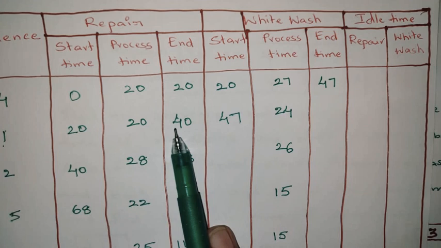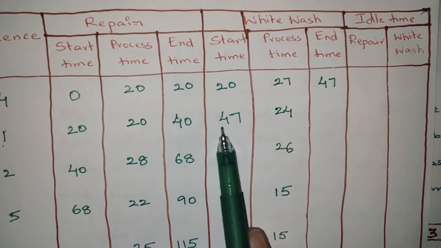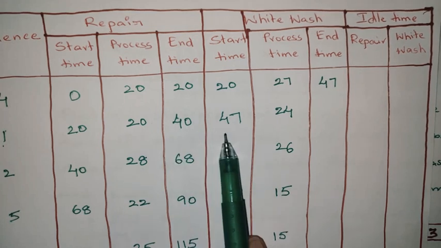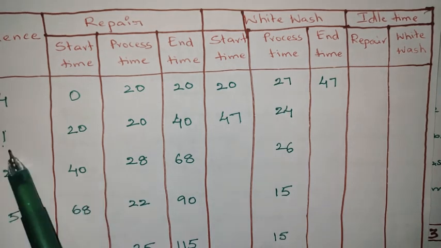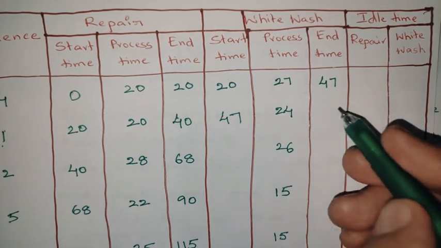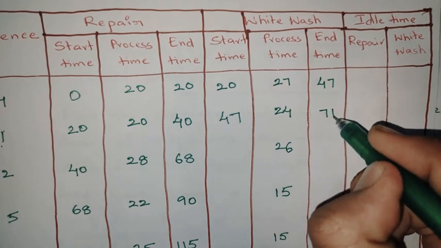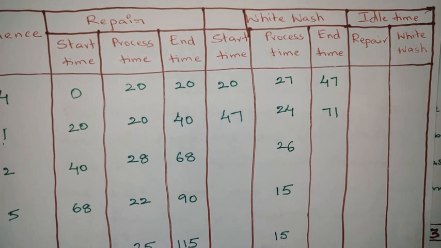By the 40th hour itself, the first floor repair work is completed, so there will be no problem. There is no overtaking. So now the end time of whitewash for the first floor is 47 plus 24, then it will be 71. If you use the simple technique, it will be very easy.